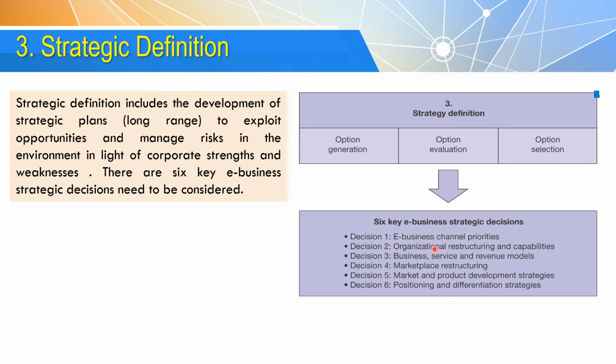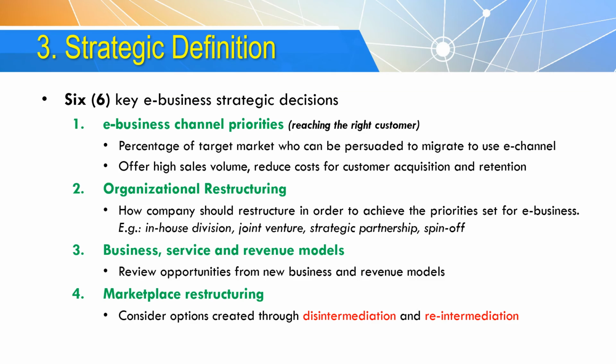There are 6 key e-business strategic decisions: the channel priorities, organizational restructuring and capabilities, business service and revenue models, marketplace restructuring, market and product development strategies, and also positioning and differentiation strategies. So the 6 steps cover the overall e-business.